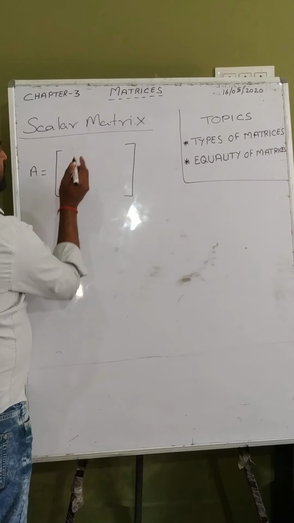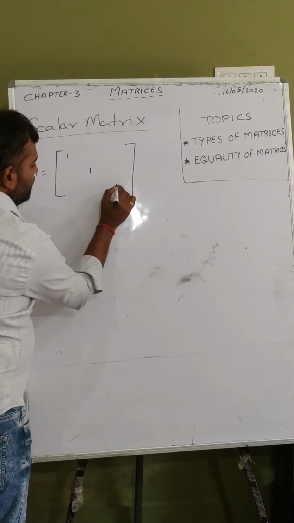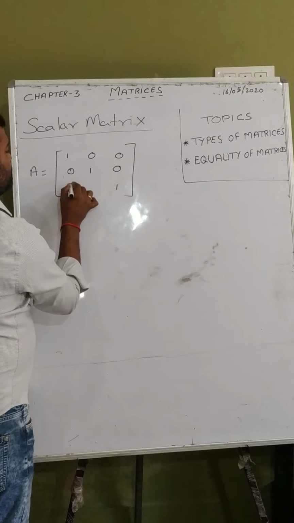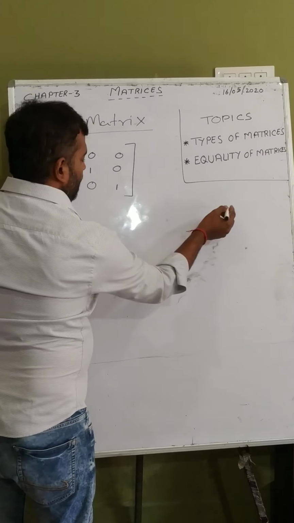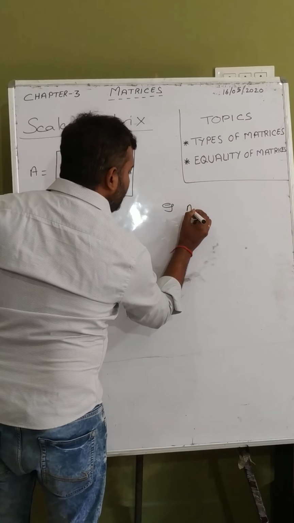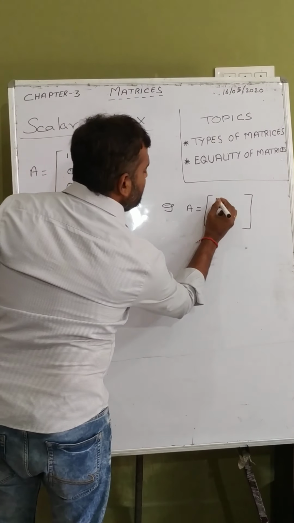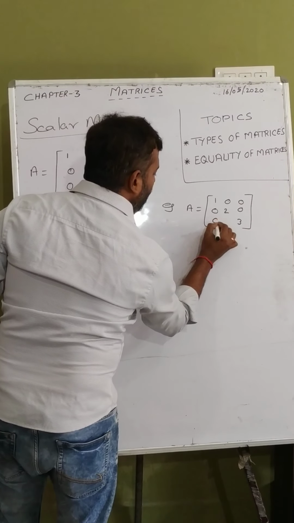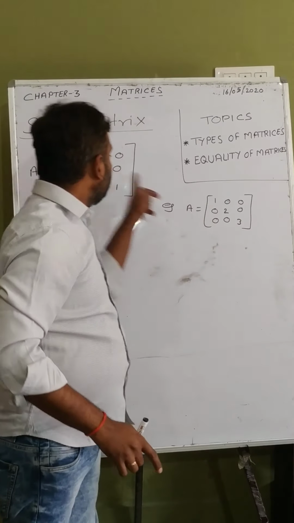The meaning is that suppose we have taken 1, so definitely here it will be 1, here it will be 1. Now it is 0, 0, 0, 0 and 0. I'm taking an example of a diagonal matrix. What was the definition? Except the diagonal elements, all elements are 0.